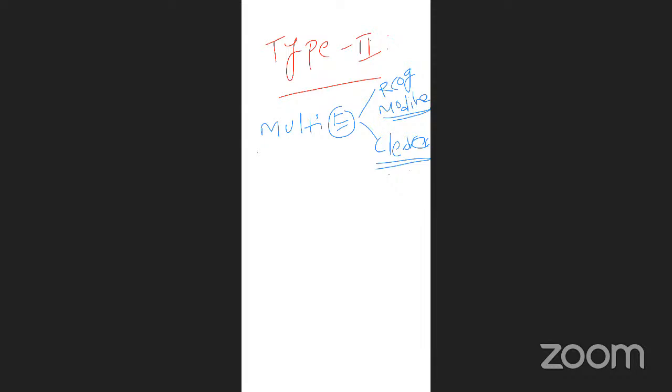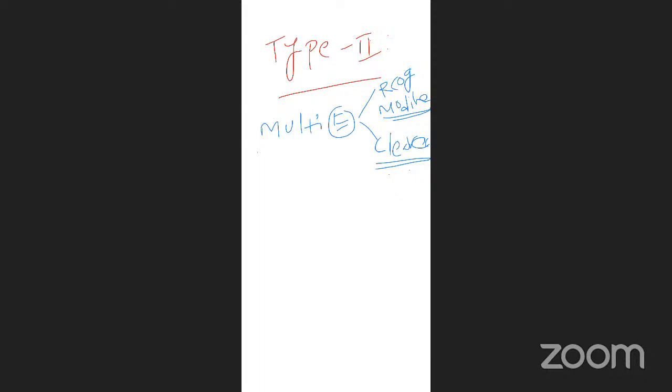And another thing is they do not use ATP or adomate for their activity. What about type 1? They use ATP. Yes, they use ATP and S-adenosyl methionine, adomate.